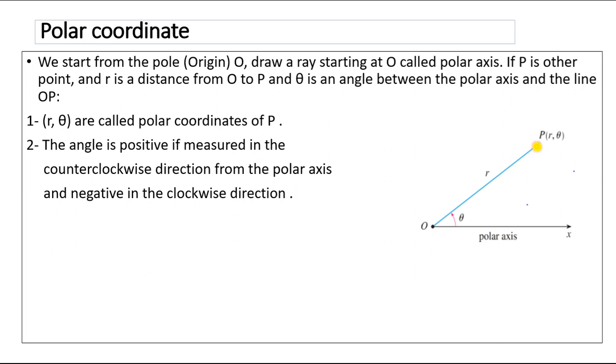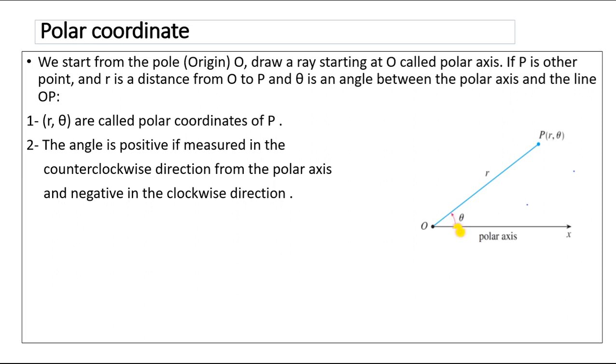If P is a point other than O, and theta is the angle between the polar axis and the line OP, and r is the distance between O and P, then (r, theta) are called the polar coordinates of P.